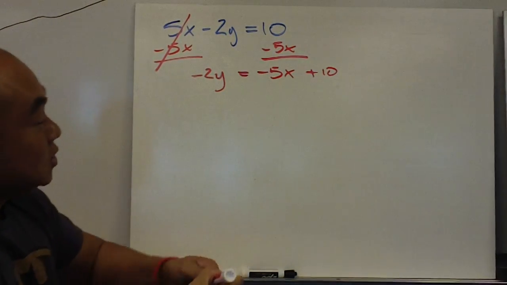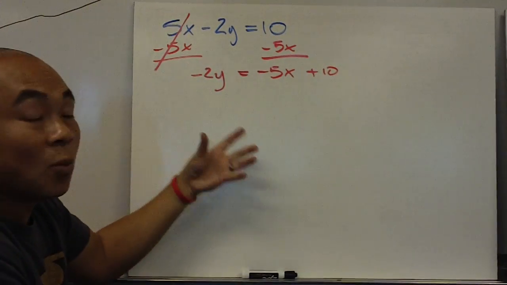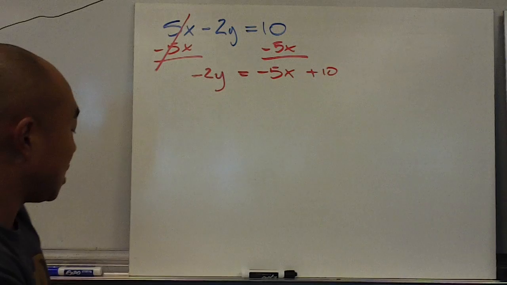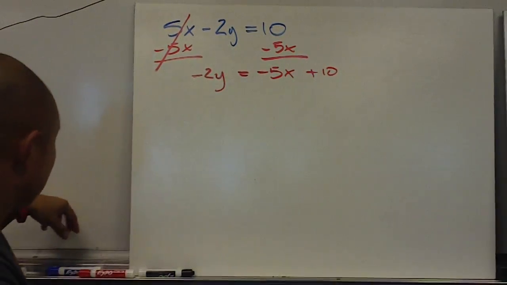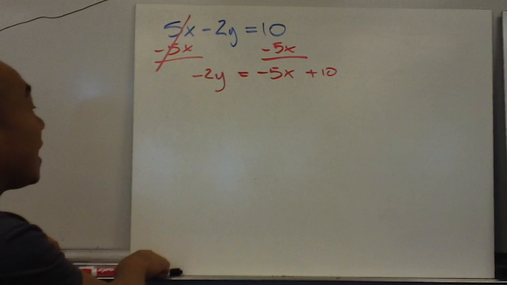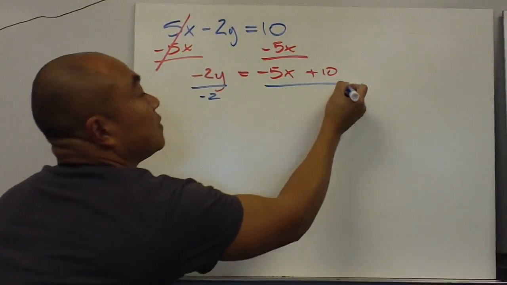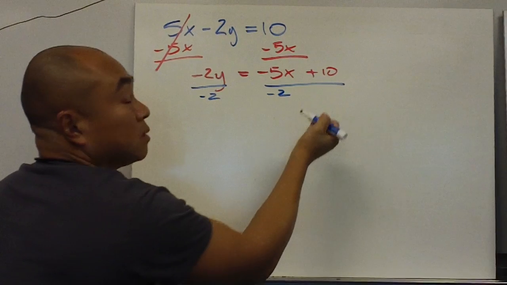And if you notice, I kept this number in the front because we want to keep it in y is equal to mx plus b format. Okay? Now I'm going to take this negative 2 and divide into both of these. So if I divide by negative 2, this entire thing has to be divided by negative 2.